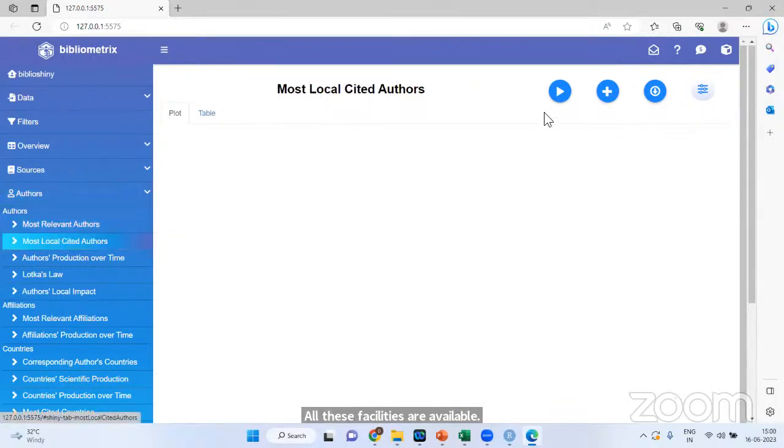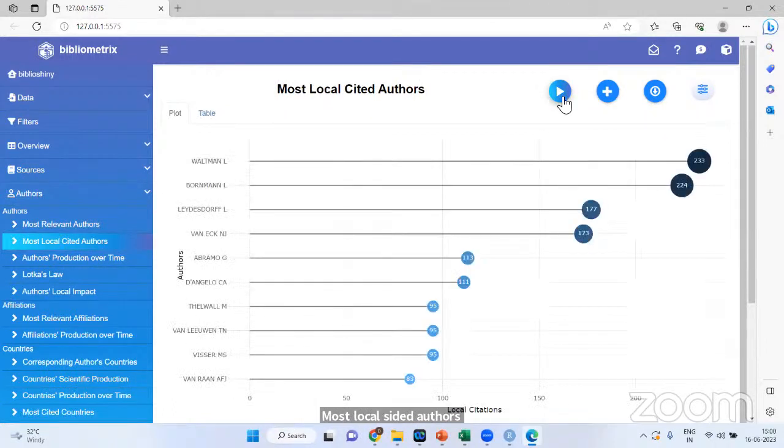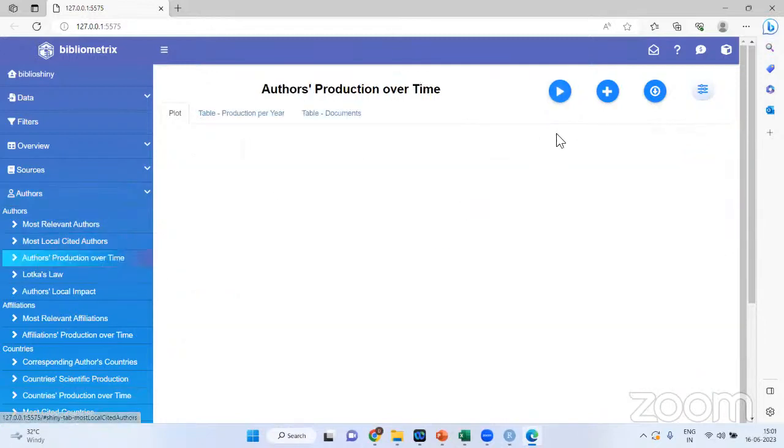Most local cited authors. Authors' production over time.